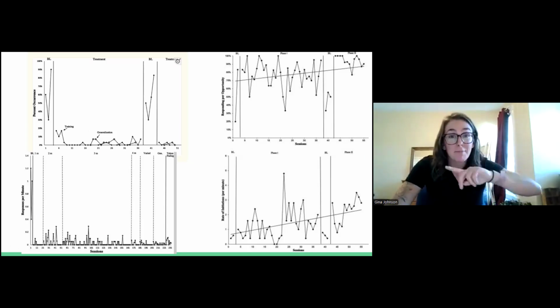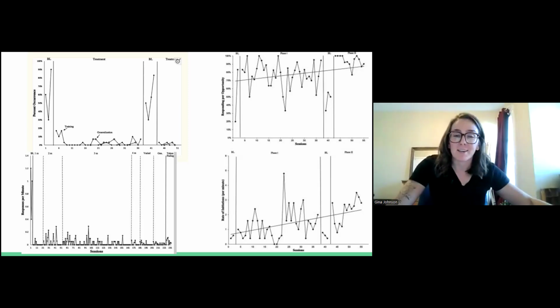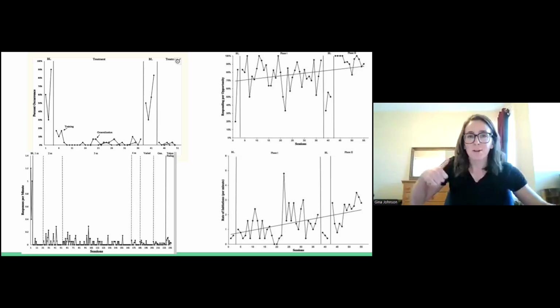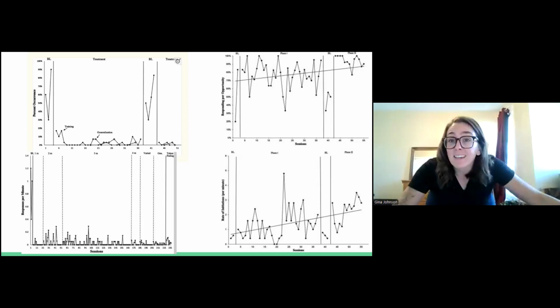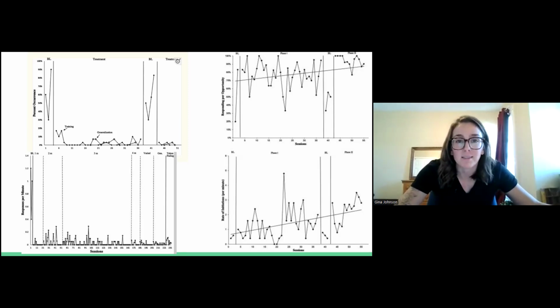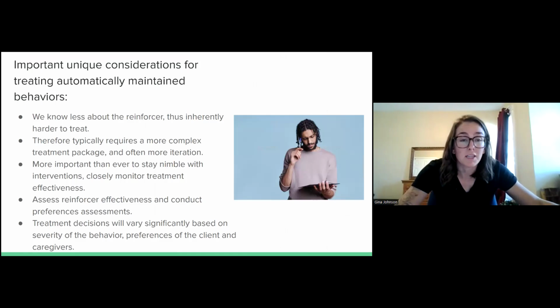I love that they broke this up into responding to peers and initiating with peers. I was like, okay, we're on the right track. You can see his interactions increase really significantly over the time that he's being treated for this motor stereotypy, which I think is very cool. So this is a really successful treatment of an automatically maintained behavior.